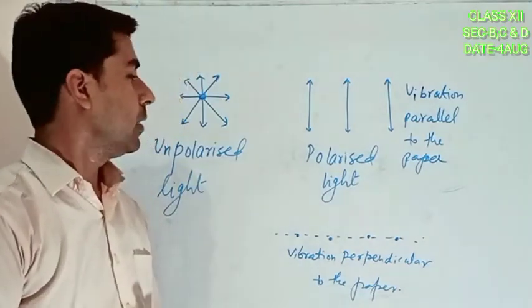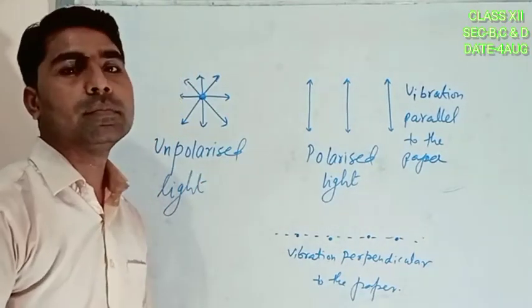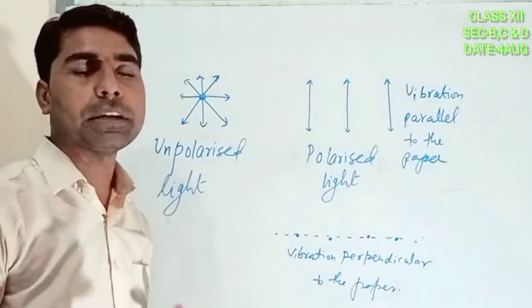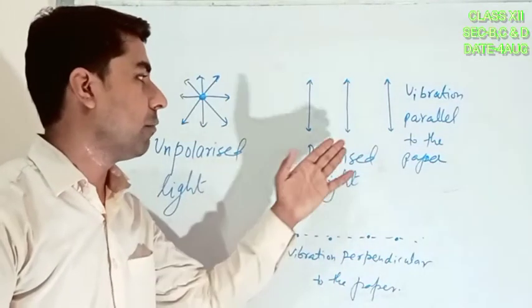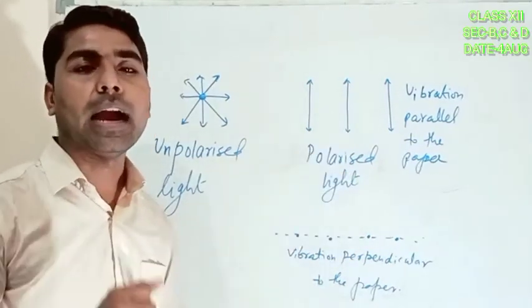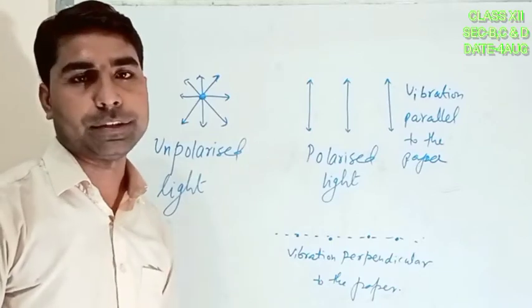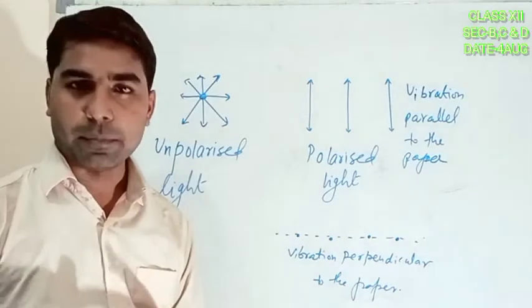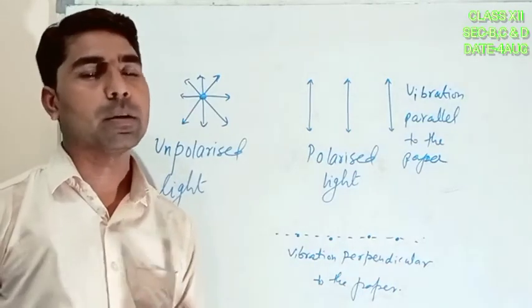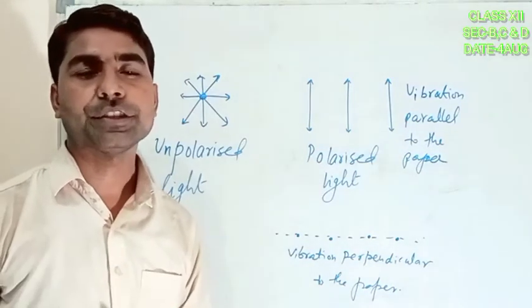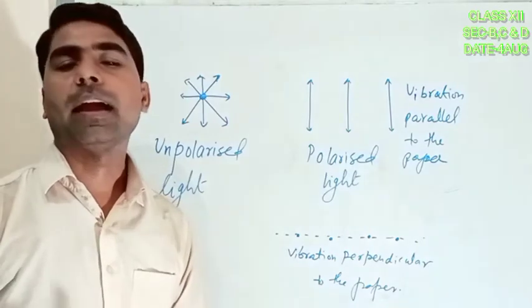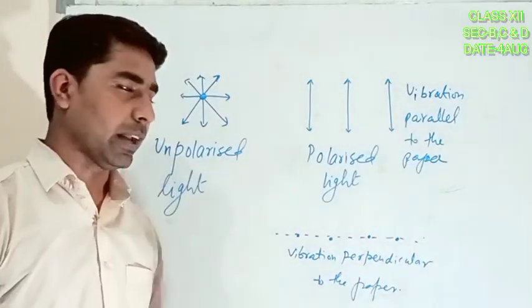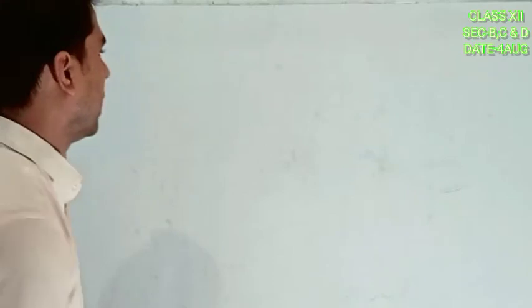Now, unpolarized: vibration of the electric vector in all possible directions; polarized: vibration of the electric vector in one particular direction. Now again, one more thing you must know about is the plane of vibration of polarized light, the plane of polarization of polarized light, and the direction of propagation. Let's draw the diagram first.